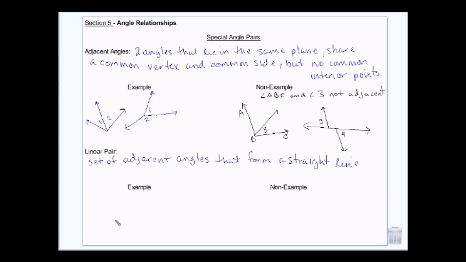So if I have any two angles that happen to be adjacent that make a straight line going in any direction, that's a linear pair. If it's even a little bit not a straight line, not a linear pair. I realize that the line I drew wasn't straight, but pretend it's straight. They have to equal 180, yeah.